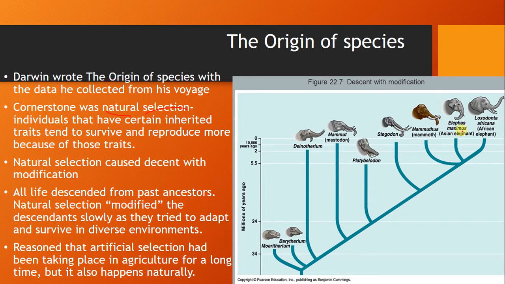The modern elephant in Asia and Africa, and the mammoths that went extinct at the end of the last ice age, are different species that all share a common ancestor 37 million years ago. And over time, as the ancestral species migrated and adapted through natural selection to different conditions, it diverged into many different species.